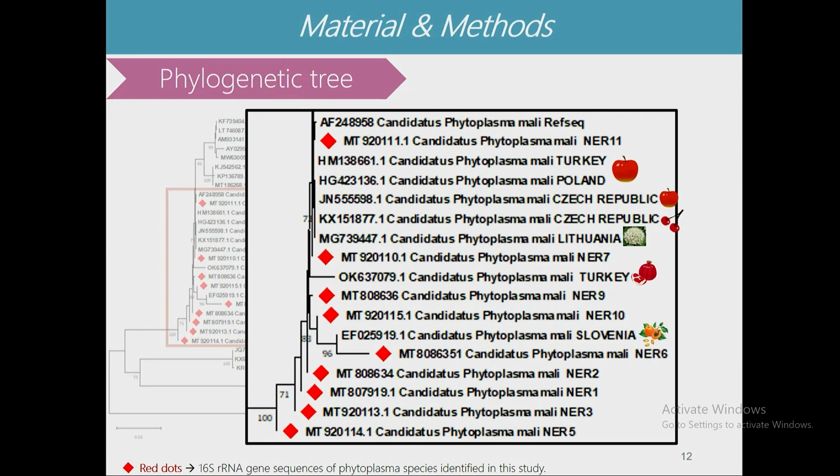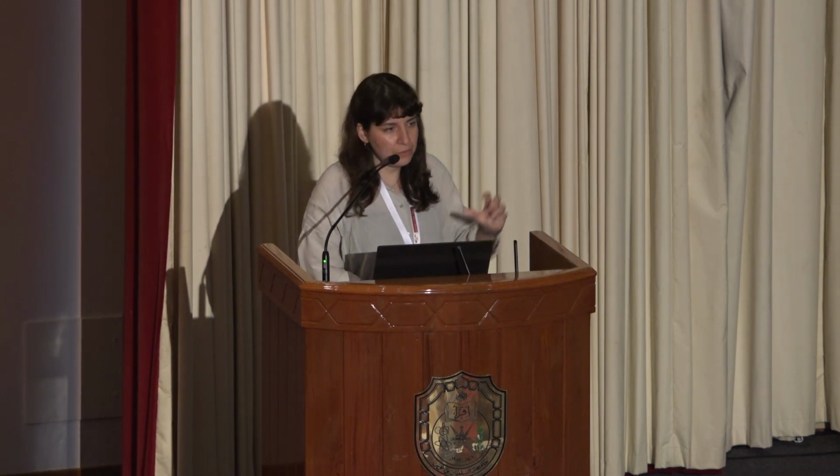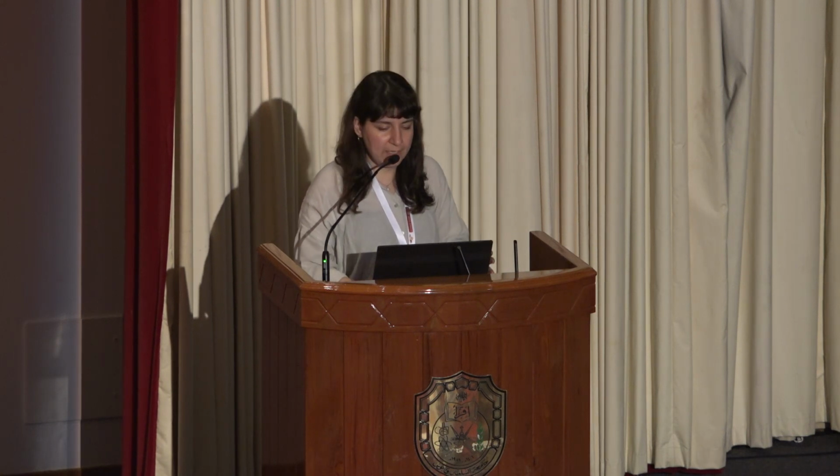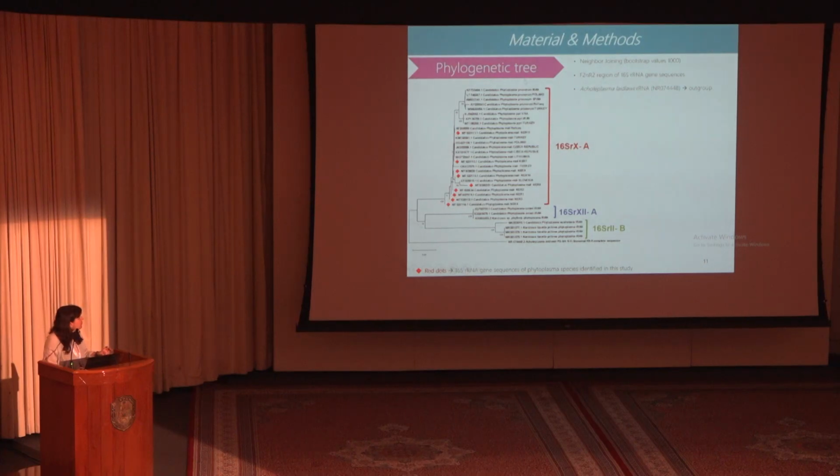Here it is the Candidatus Phytoplasma mali, the reference strain. Okay. It is belonging to the same clade, and if we look at other group 10, Prunorum and Pyri is here, if you can see. From the phylogeny, the tree cannot be distinguished too much. Okay, okay.